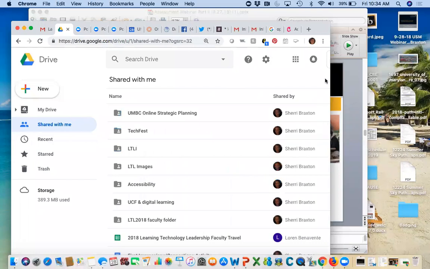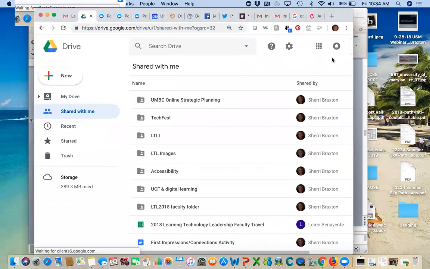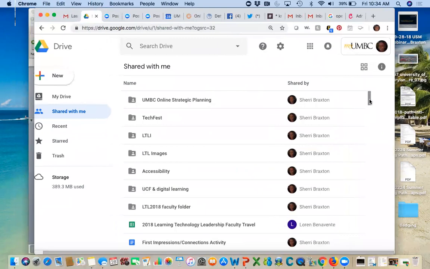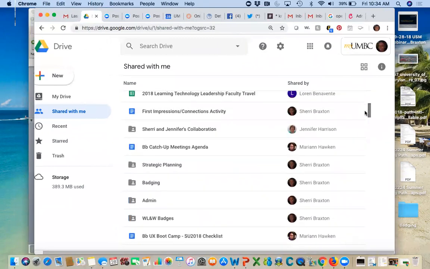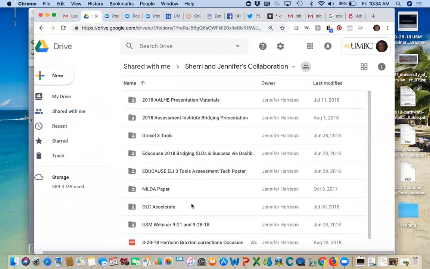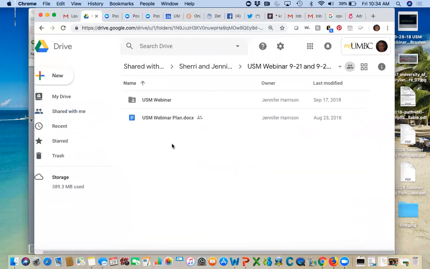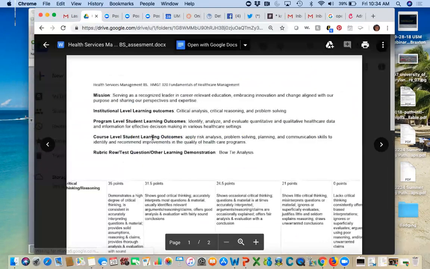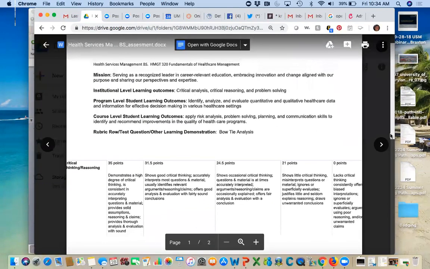So then we filter it down to institutional level of learning outcomes, which is concerned with critical analysis, critical reasoning, and problem solving. The program itself has a specific outcome identified as identify, analyze, and evaluate quantitative and qualitative healthcare data and information for effective decision-making in various healthcare settings. As you can see, they pretty much echo each other to some degree.